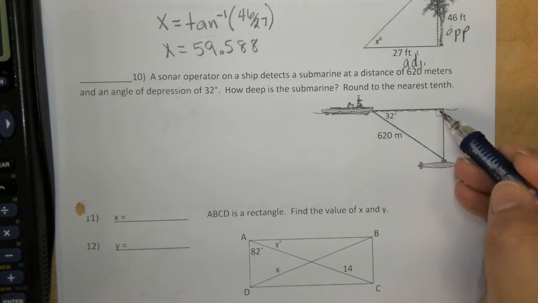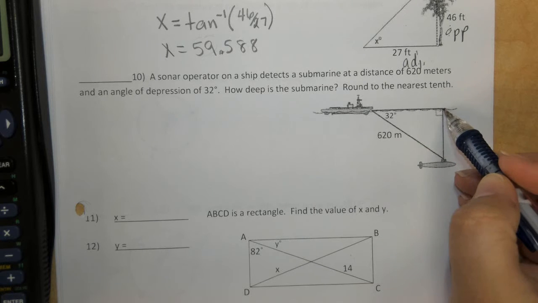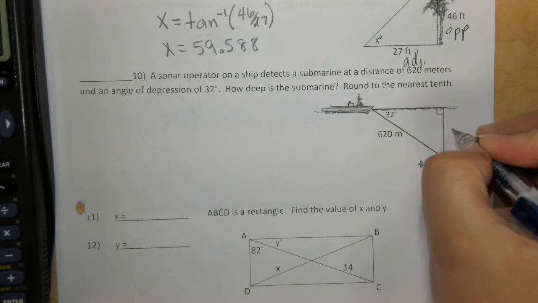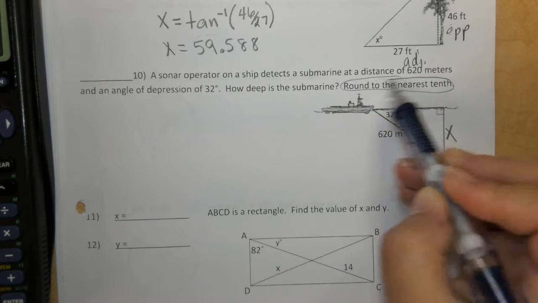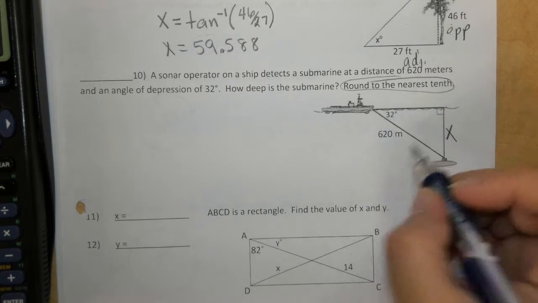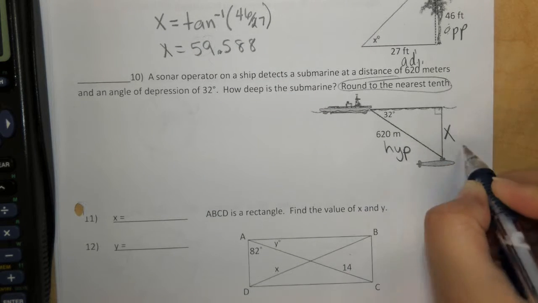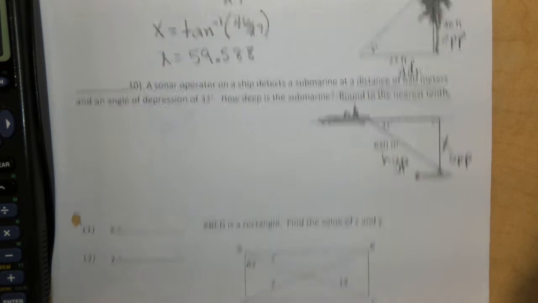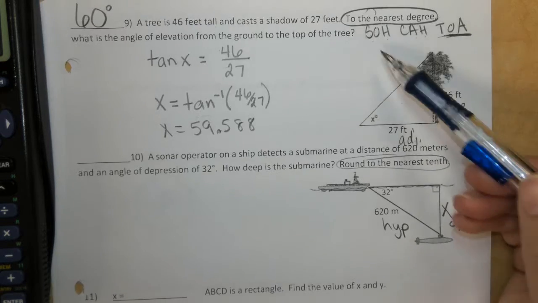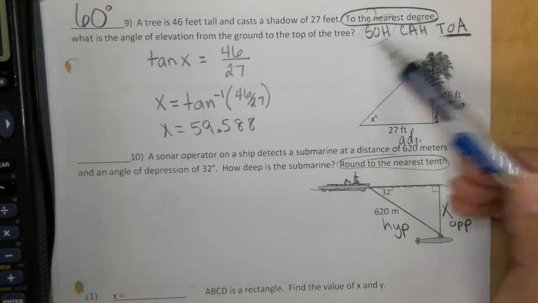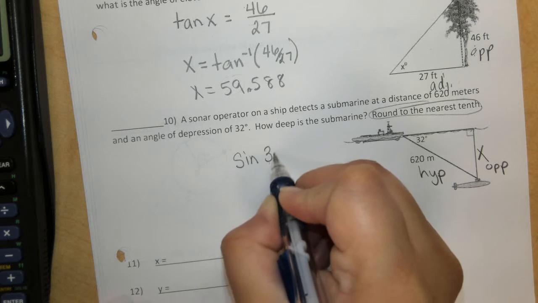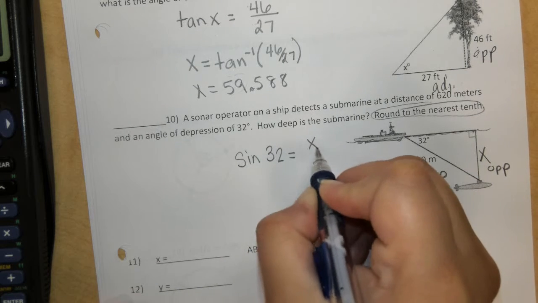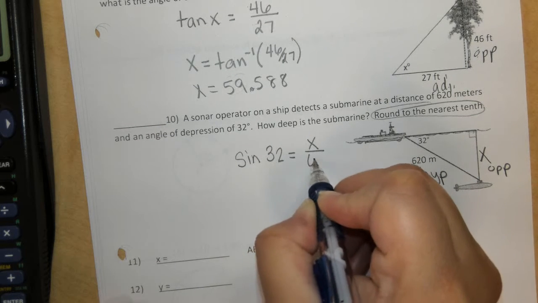So from the water's top there to where the submarine is, what is x? What is that distance? And then round to the nearest tenth. So from the angle, we have the hypotenuse, and we have the opposite. OH, that's sine. So I say sine of angle 32 equals opposite over hypotenuse of 620.